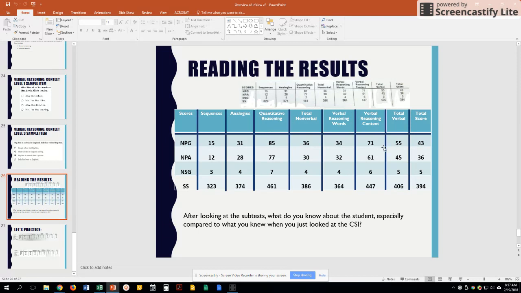The other one to really take a look at is that verbal reasoning context. Now, this has nothing to do with whether or not they're a good reader. This is about how do they think? Is it inferences, deductive thinking? Taking a look at all of the subtests gives you a much better picture of the student.